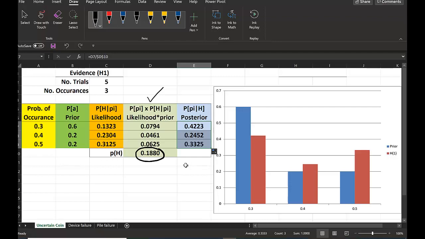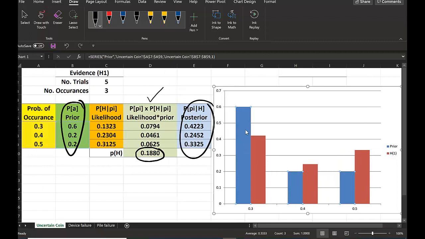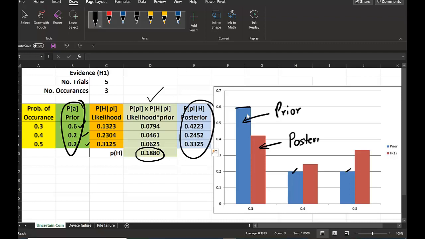Now we can plot a histogram for the prior as well as the posterior. We have already plotted this histogram. Blue corresponds to the prior in this case, and the values are 0.6, 0.2, 0.2. And this corresponds to the posterior.